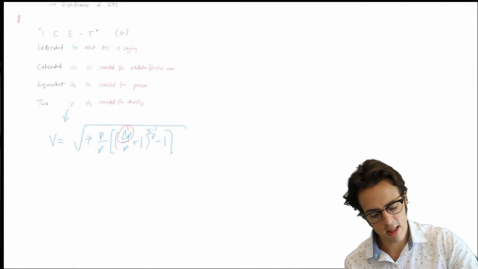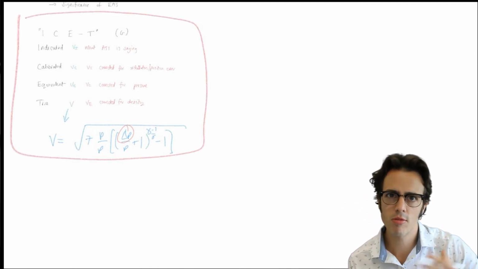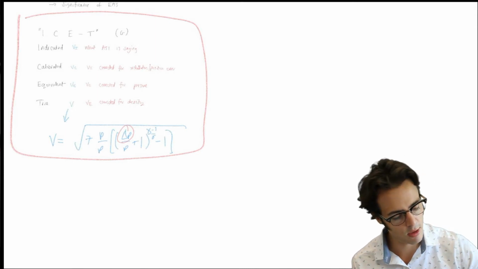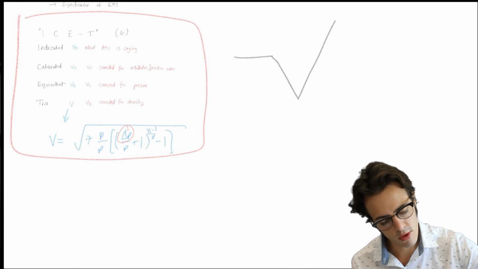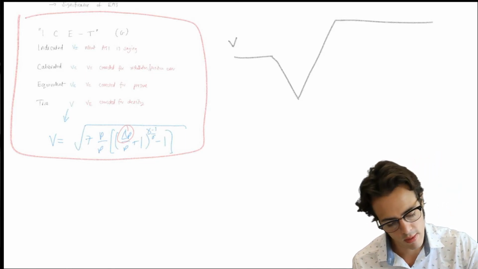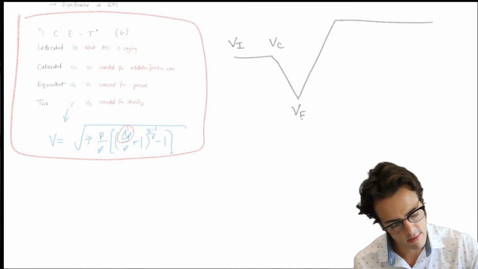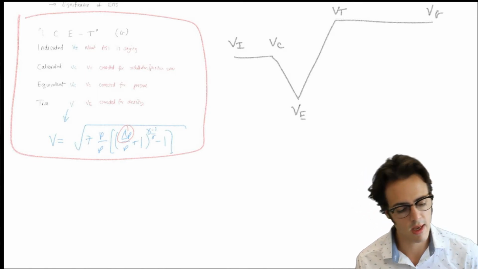So these are our different airspeeds, and we can use a simple tool to help us remember the respective magnitude of each of them. So if we draw a sort of square root sign, that helps us remember the magnitude of them. So we have VI here, VC, VE, VT, and then I'm going to put ground speed there.